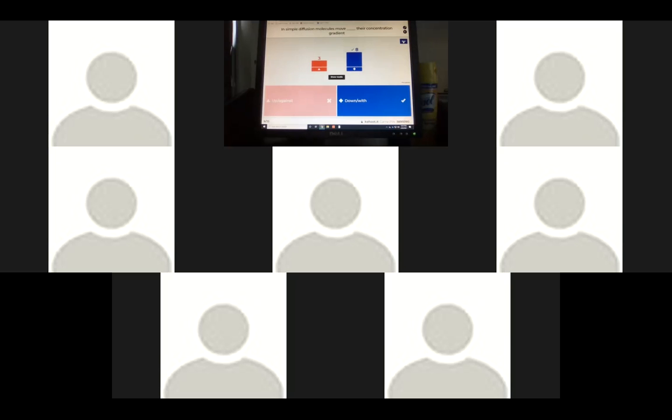I think I've primarily used up and down in this class, but with and against is another way to say it. So I put both of those there for you, just in case. So simple diffusion, molecules are moving down their concentration gradient, like I just mentioned before. That means they're moving from an area of high to low concentration.